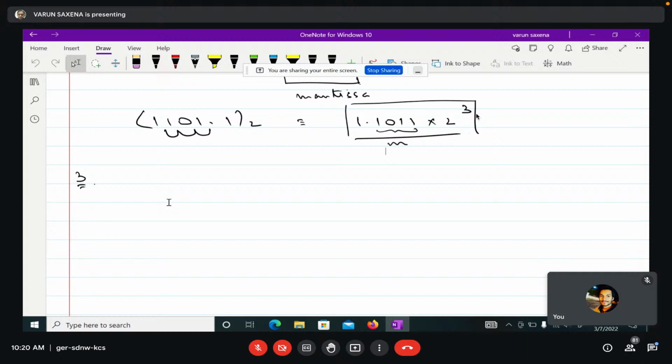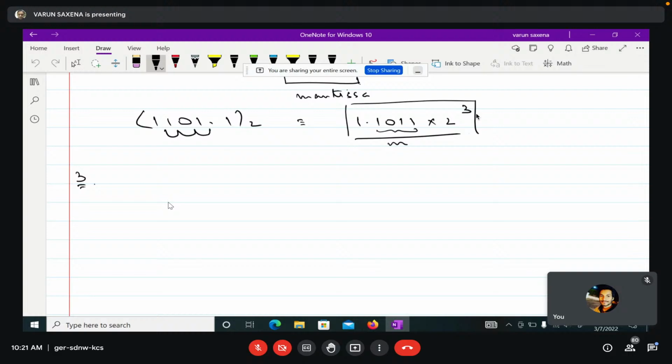let's make all the numbers from 0 to maximum. So in IEEE format, whatever is the exponent, they add 127 to it. If you do that, then you obtain the biased exponent.